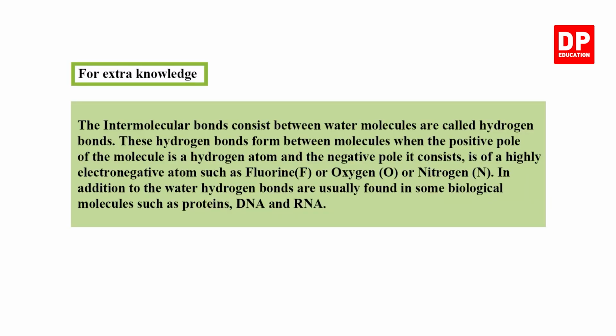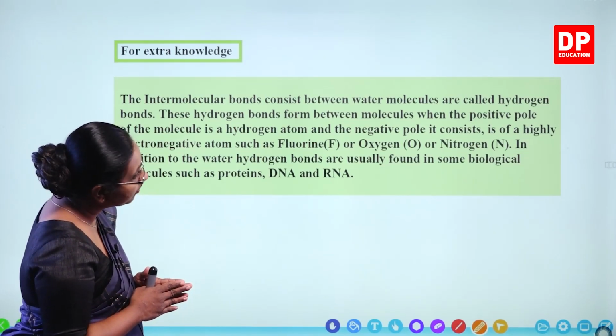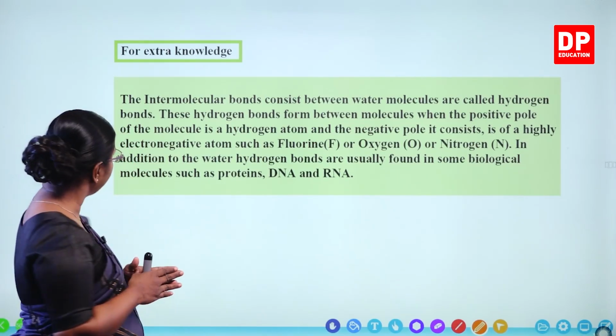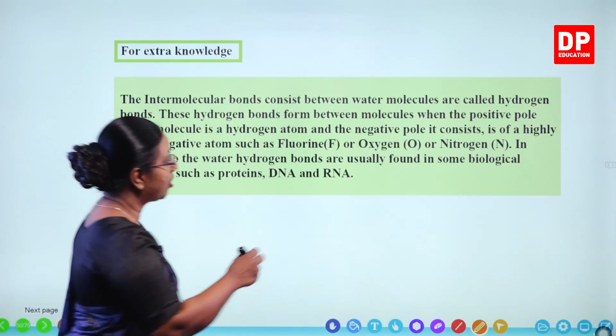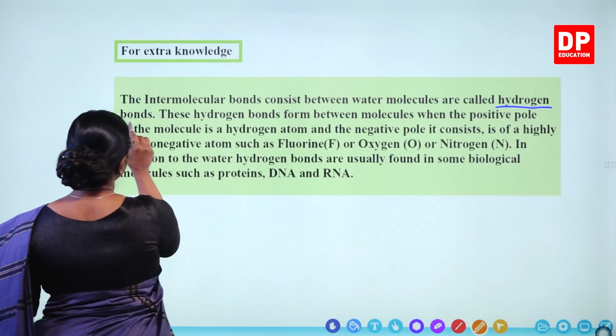So there is an extra knowledge in your textbook, students. So if we look at that, the intermolecular bonds consist between water molecules are called hydrogen bonds. I told you all that before also. They are called hydrogen bonds.